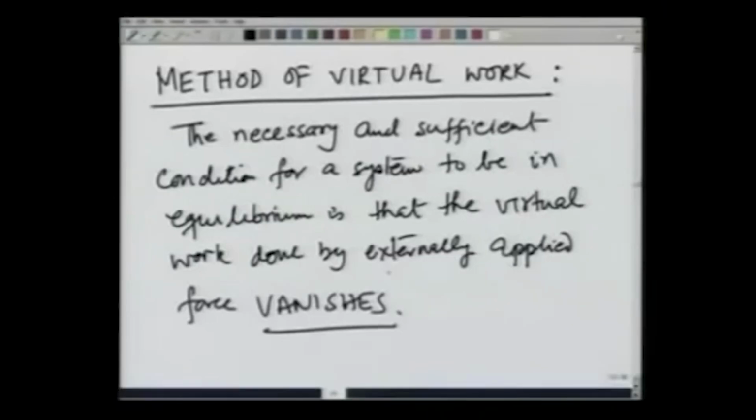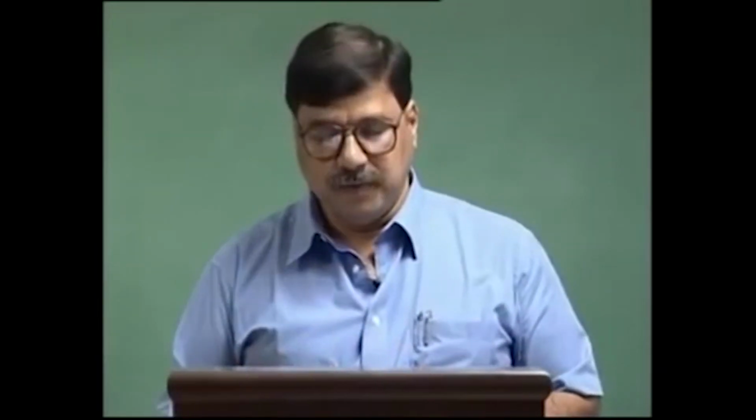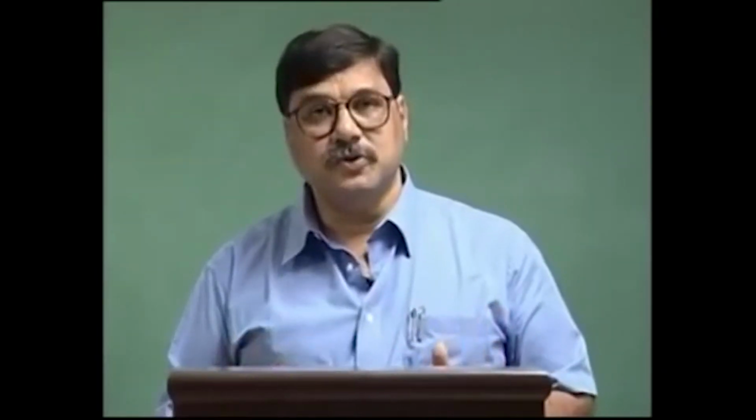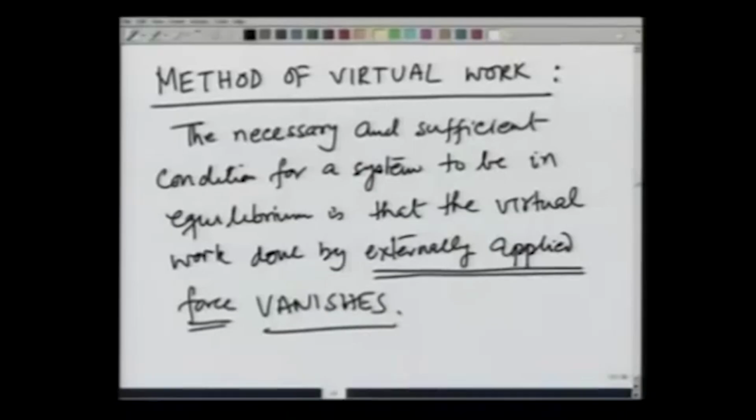Then, because of the vanishing of work by constraint forces, it is only the work done by externally applied forces, those which are not constraint forces but the forces that we apply from outside to achieve equilibrium, whose virtual work vanishes. Notice we have avoided taking constraint forces into account, and therefore when we apply this method we can bypass calculating the constraint forces. Let us see how this method works.